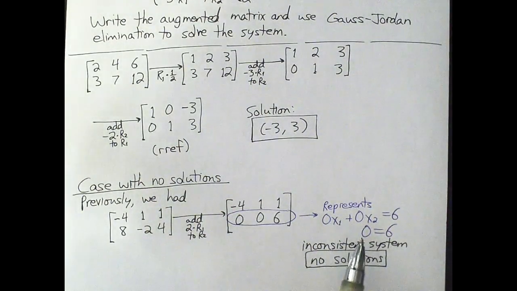You might get something like 0 equals 1. You might get something like 1 equals 2. Just some kind of nonsense statement. It's usually going to be 0 equals something. Now, if you got 0 equals 0, that would be a different story. We'll talk about that in a minute, because 0 equals 0 is true.